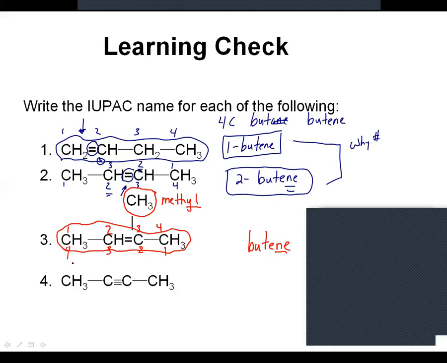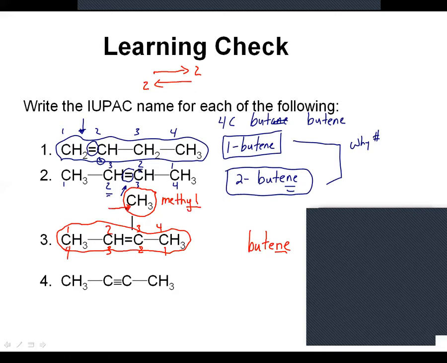Now, when we look at this in terms of the double bond, it is the same number if you go to the right, if you go to the left, no matter which way you go, your double bond's going to be at carbon number 2. So because that is sort of a tie in that case, the next important thing on this molecule in terms of naming would be this group.